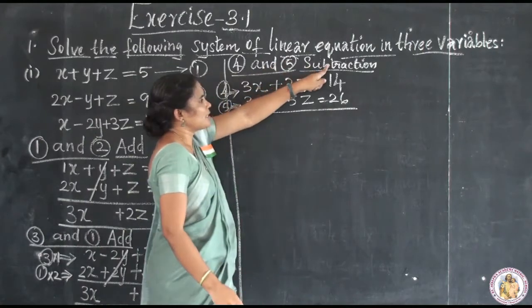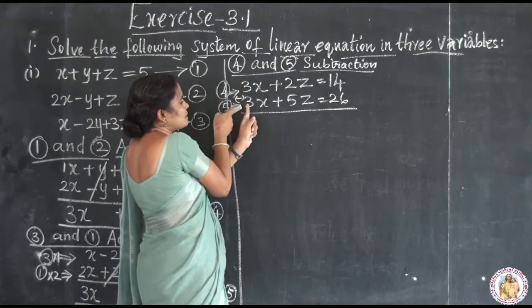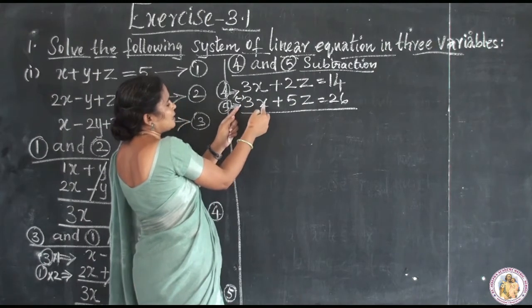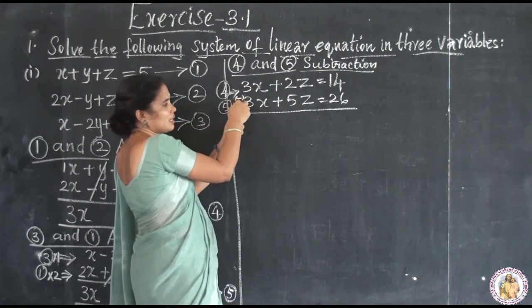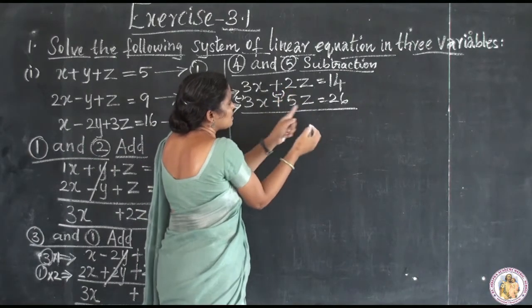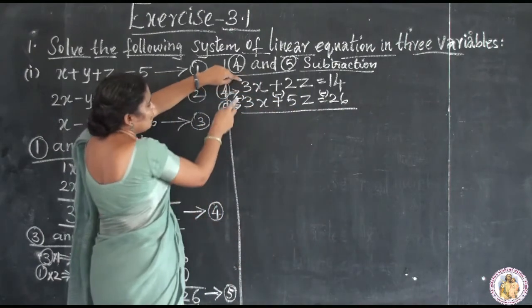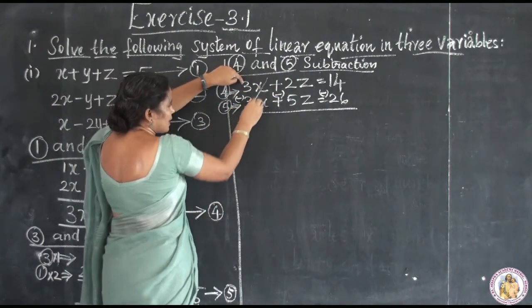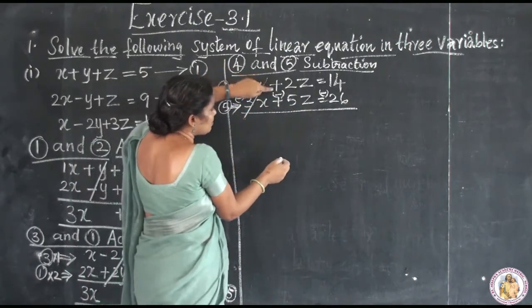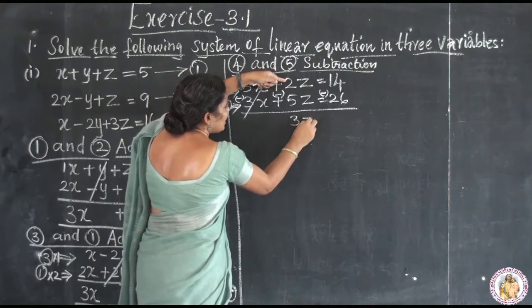For subtraction, you have to change the sign for all the variables. Here it is plus 3x, I am giving minus 3x. Here it is plus 5z, so you have to give minus. And here also minus. Now see, plus 3x minus 3x cancel. You have different symbols, so 5 minus 2 is 3z.